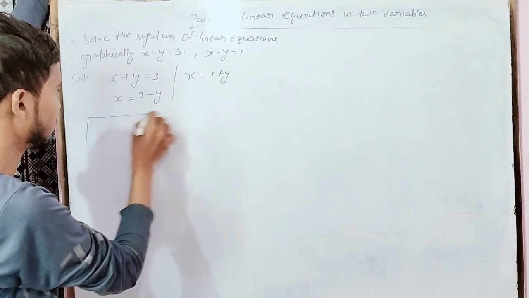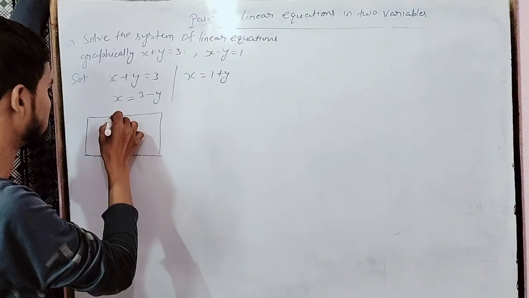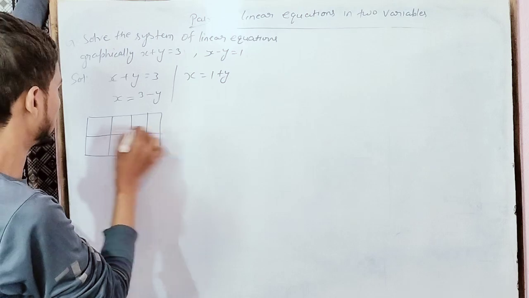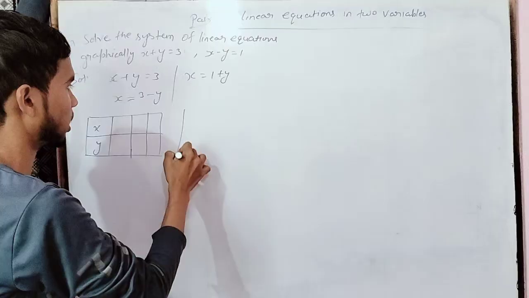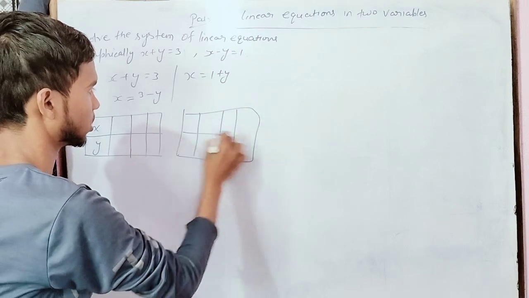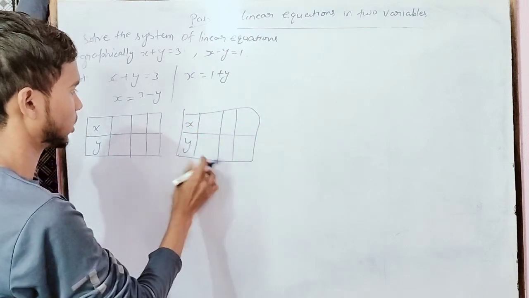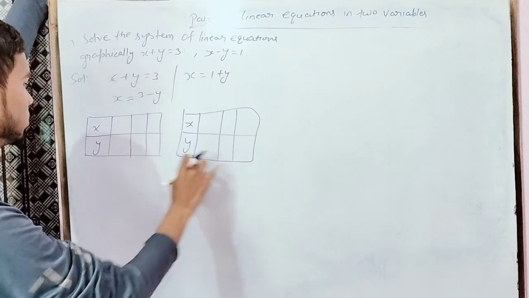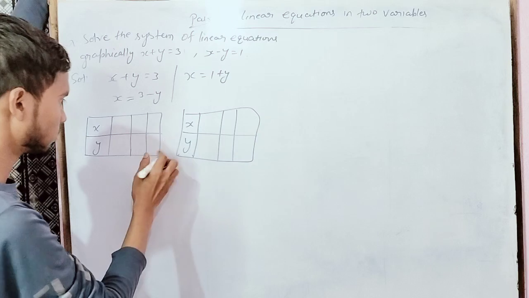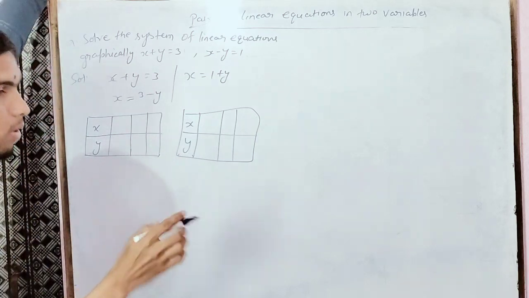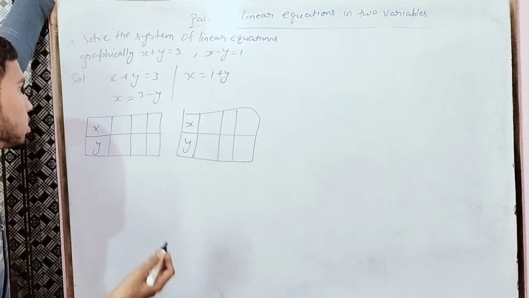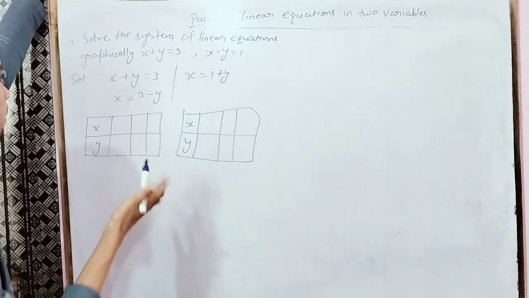Now let's make a box for this. For this x, y, and for this x, y. Now we will start from 0. You can start from anywhere. It's your choice.